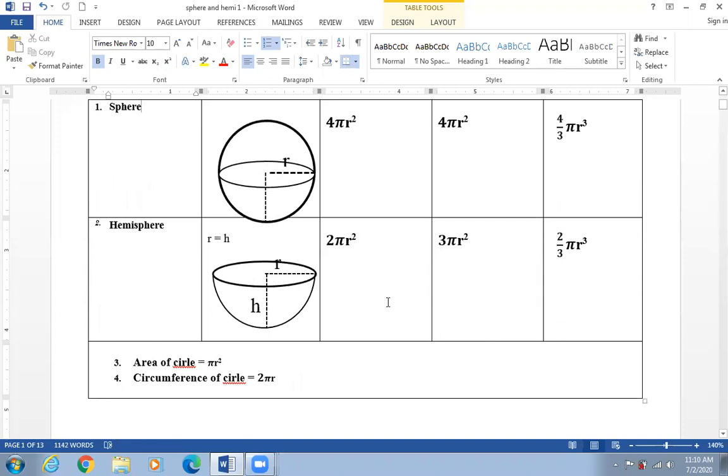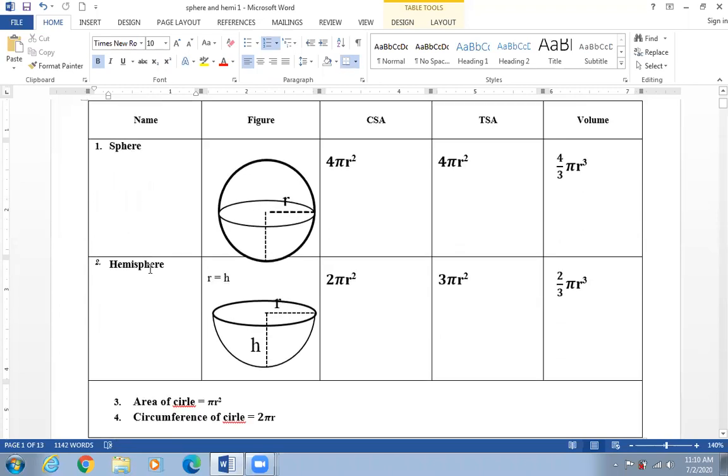So next thing, in case of hemisphere, radius and height: this is also a radius, this is also a radius. From this point, if you measure to this point, that is also called the radius only. Measured from the center of the circle, what do you call it? Radius only.